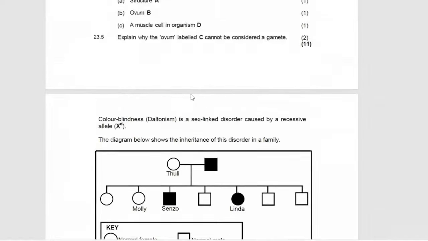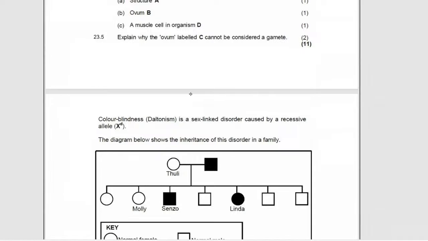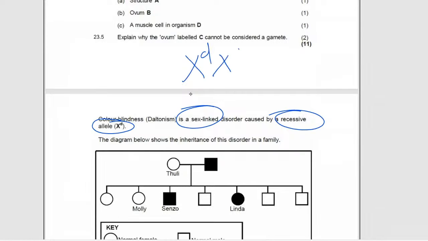For example, they are saying that color blindness is a sex-linked disorder caused by a recessive allele. You see, they talked about it. They have specified that it is recessive, and that it is sex-linked, meaning that in this case, we expect an affected female to look like that.